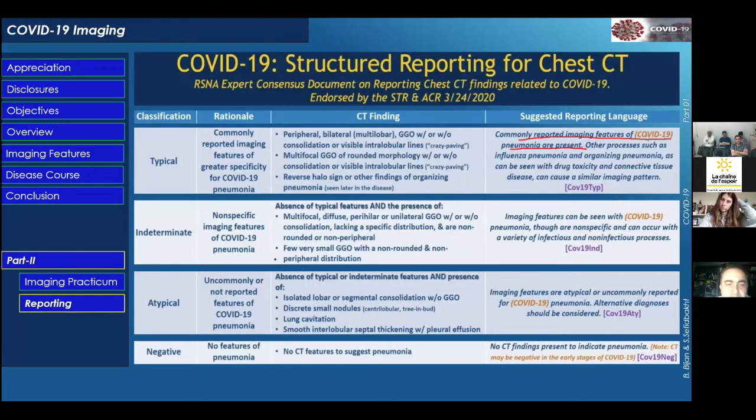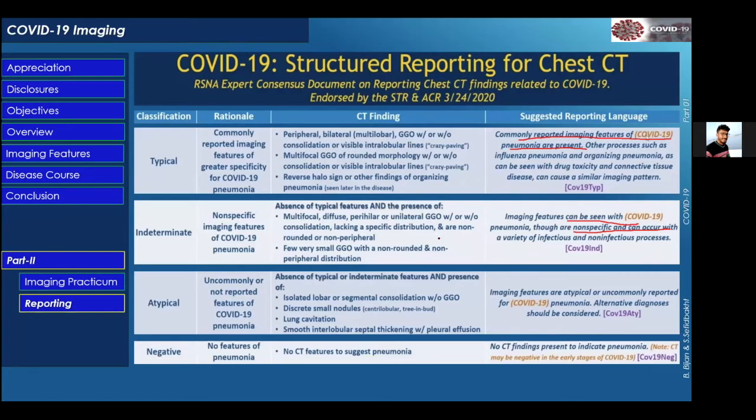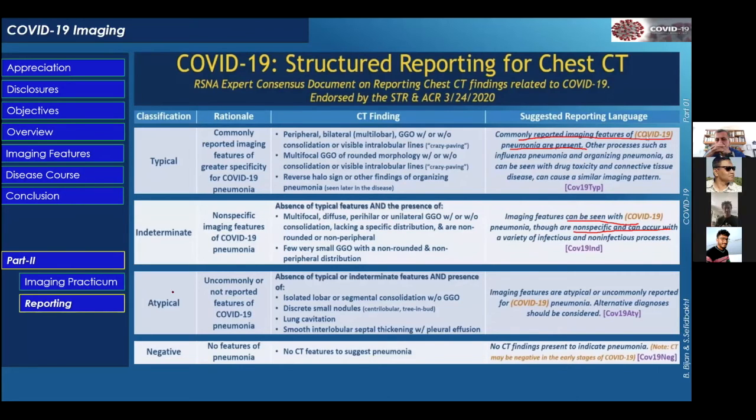The second one is indeterminate. Whenever there's an absence of all those features, for example, unilateral or perihilar-only GGOs, in those cases you can say that these findings can be seen in COVID disease, but they're non-specific and can also occur with a variety of other infections and even non-infectious etiologies, for example, trauma.